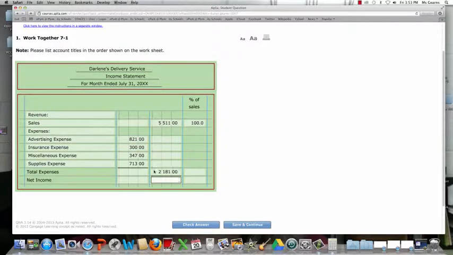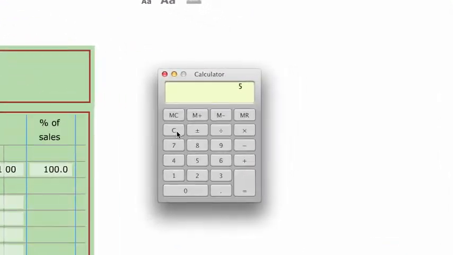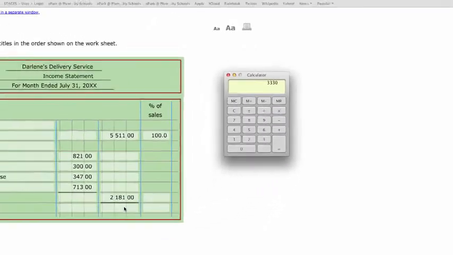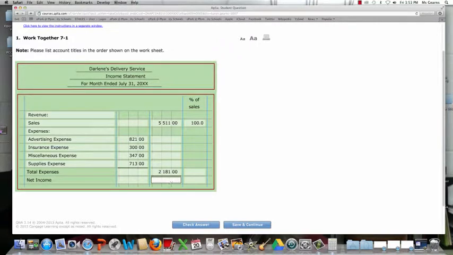This was the money that it cost us in expenses to be able to earn this money. The difference, what's left over after we pay our bills, is our net income. So 5,511 minus 2,181 equals 3,330.